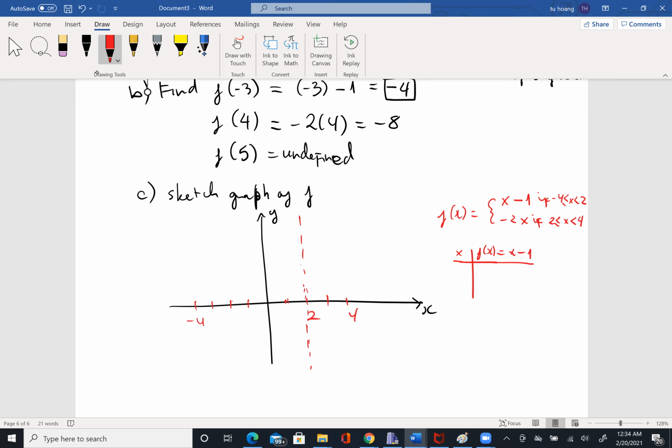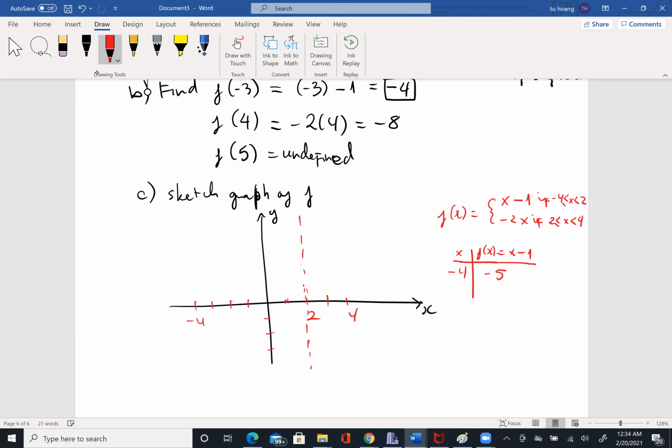You're gonna choose some values. At first, you should choose the lowest one, which is negative 4. Right, negative 4 is gonna be the lowest value. So f of x now becomes negative 4 minus 1, which is negative 5. So negative 4 and negative 5. So I will try to have negative 5 also.